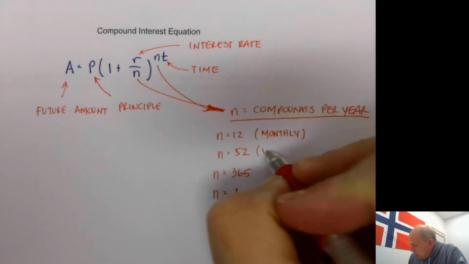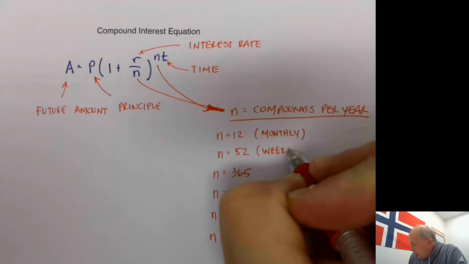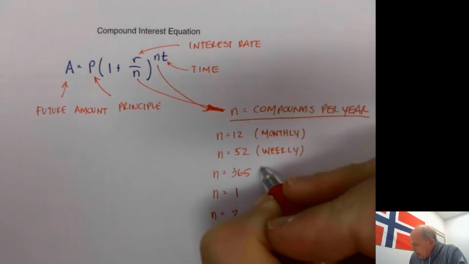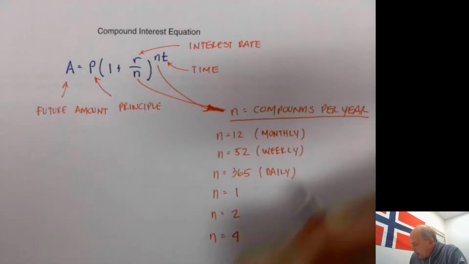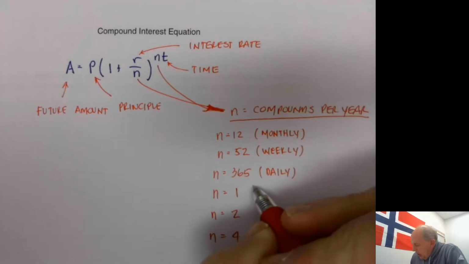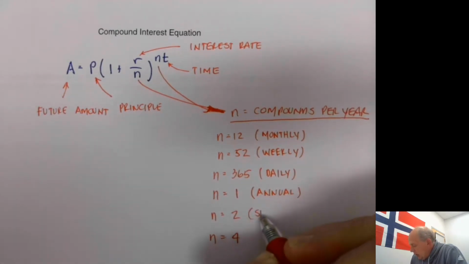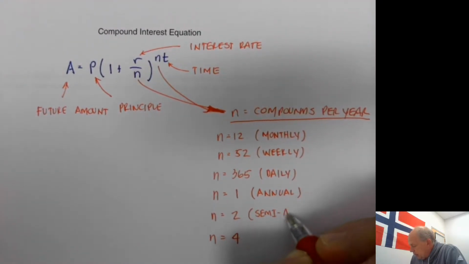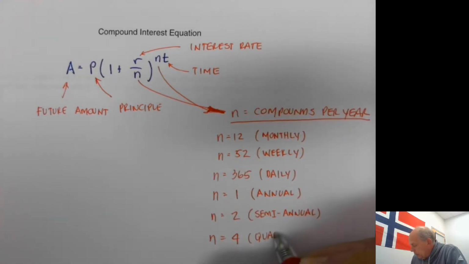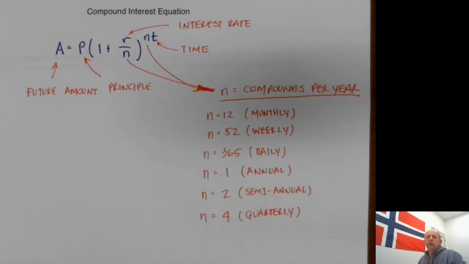N at 52 would be a bank that gives you weekly compounding. 365 is daily compounding. 1 is annual compounding. 2 is semi-annual compounding. And 4 is quarterly compounding. Depends what bank you're going to and what banks offer, but those are some of your typical numbers based upon the number of times your money is compounded per year.